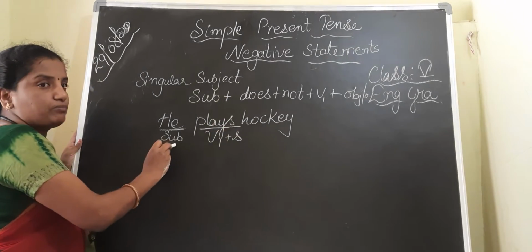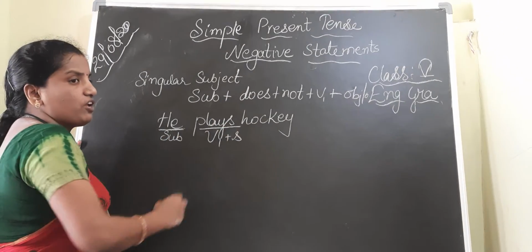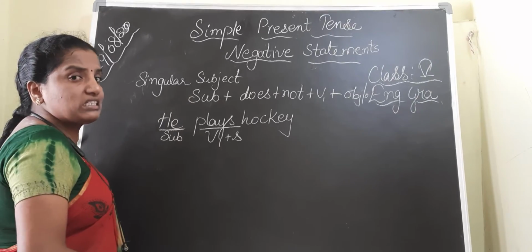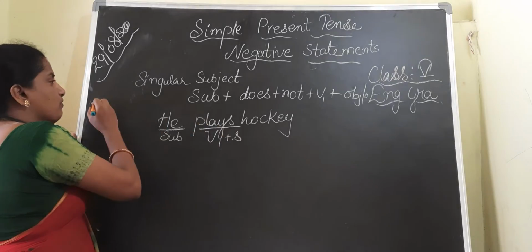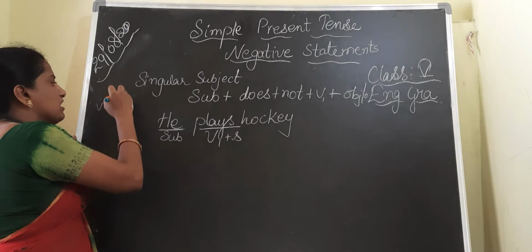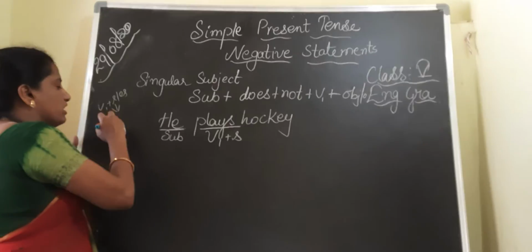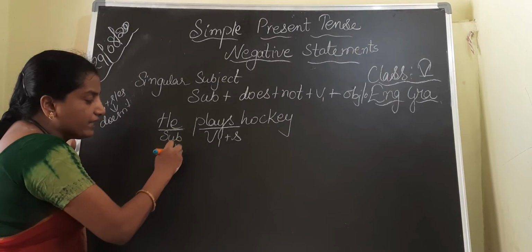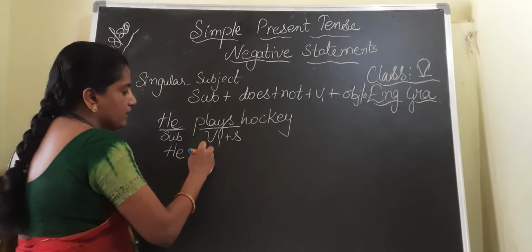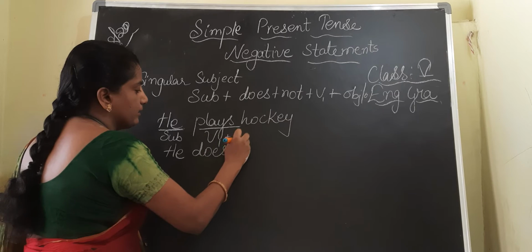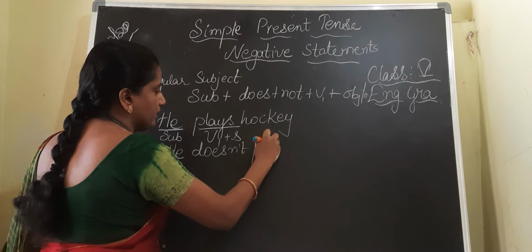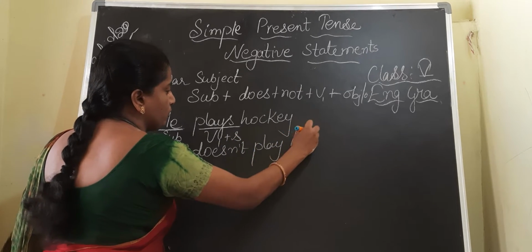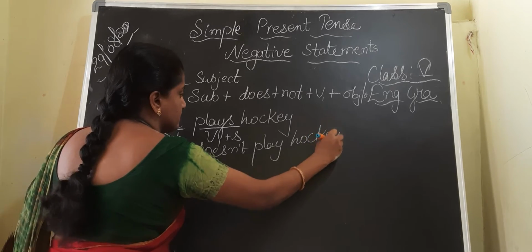Here, along with the subject we are using V1 with s or es. If there is V1 with s or es, we have to use does not or doesn't. So what is the negative form? He doesn't play hockey.